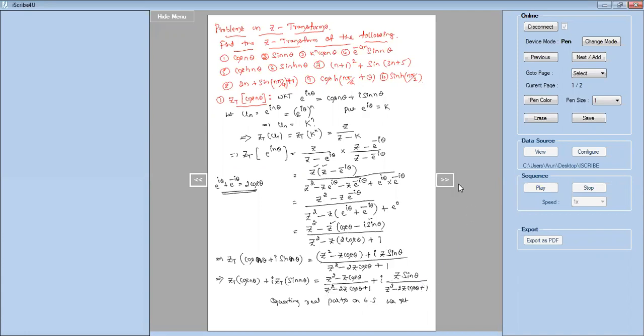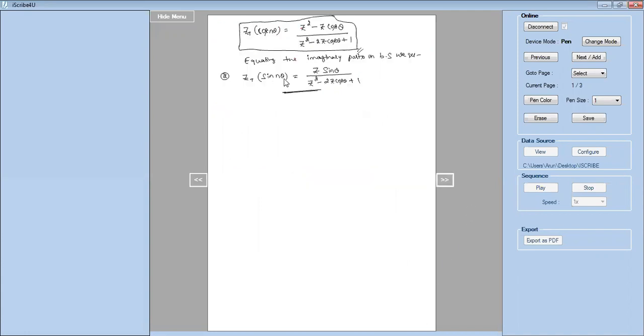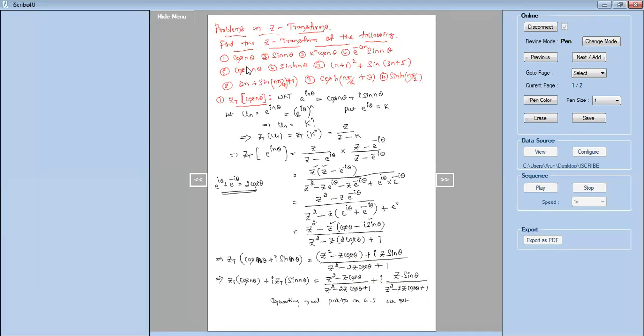So if I equate them, we get the z transformation of sin n theta. So one if you learn, the other one becomes easy. So this is how we can derive the z transformation of the first two problems, cos n theta and sin n theta. Very, very important, repeated many times in the annual exam, right? So this is how we can derive.